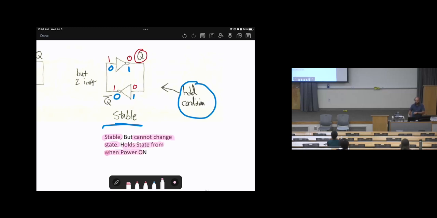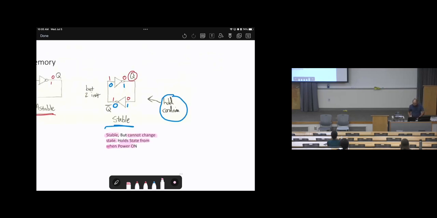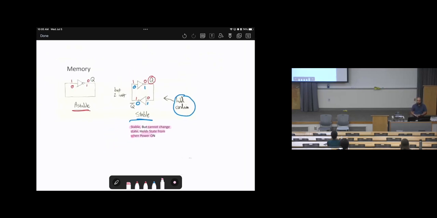If the power is off, it will be reset. It looks like a small memory, but the disadvantage is that I need to update it. How can I update it? We need to create another version of it so we can update the states.